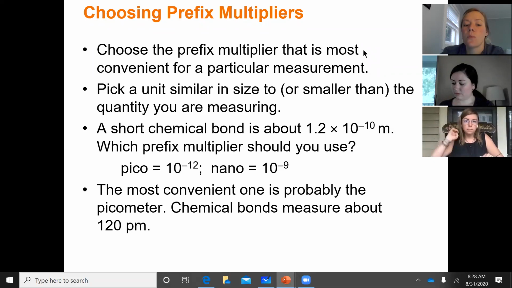You always want to choose the smaller unit, because then we get rid of any decimal. It's 120 picometers. If we had gone with the nanometer, it would have been 0.12 nanometers. So we try to go with the picometer, the smaller one.